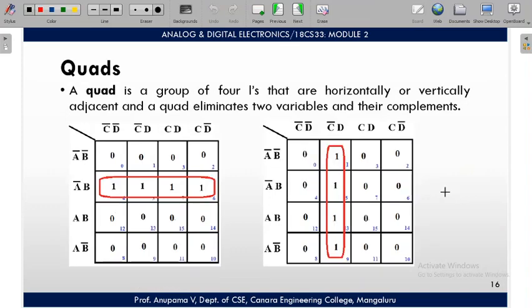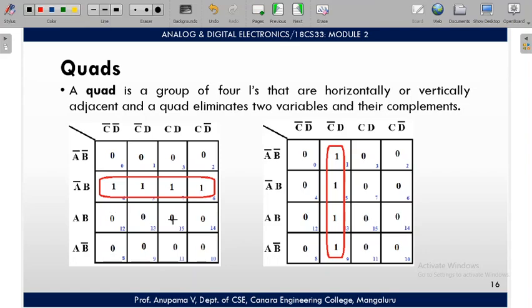A group of four adjacent ones is called a quad. A quad is a group of four ones that are vertically or horizontally adjacent, and a quad eliminates two variables and their complements. In the given K map, we have ones at cells 4, 5, 7 and 6.